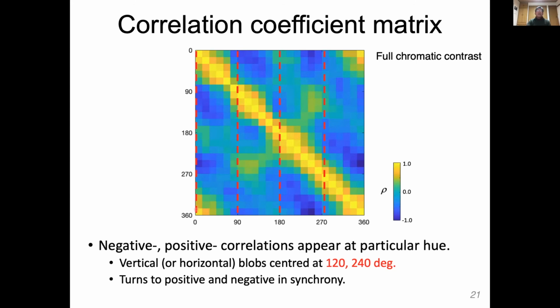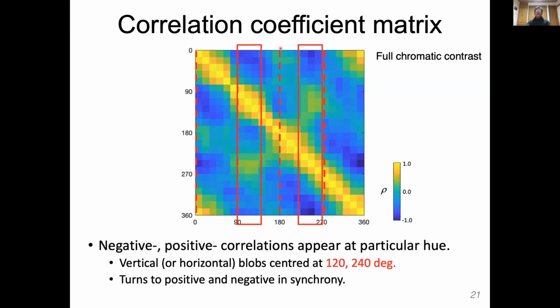Here is the correlation coefficient matrix with these 4 dotted lines showing the locations of the cone opponent axes, which are an already known mechanism of the retinal ganglion cell system. Apparently the bright-dark spot repetition belongs to this cardinal axis mechanism, which seems to be something else from the cone opponent mechanism.